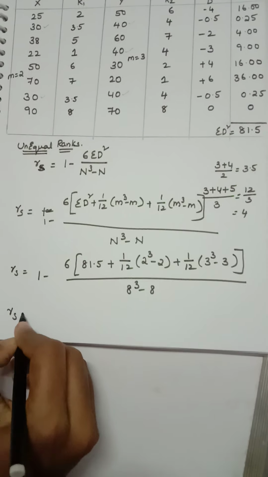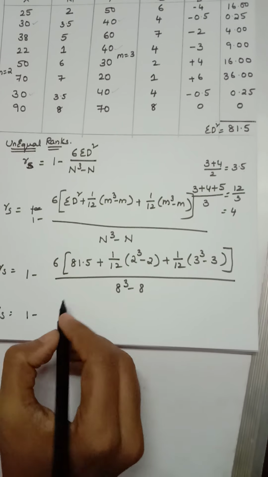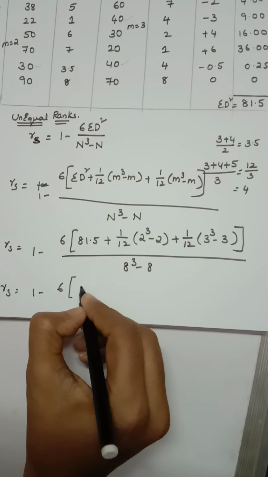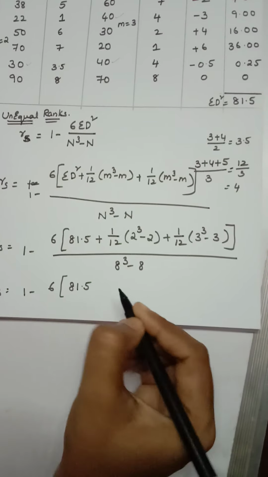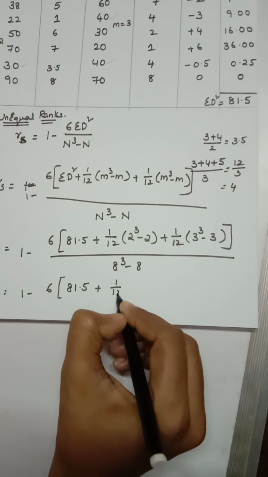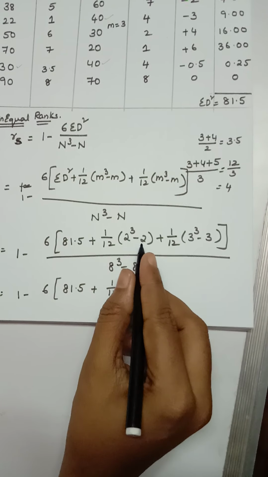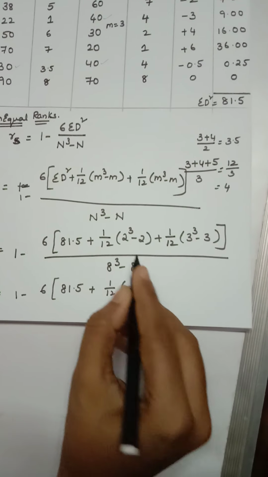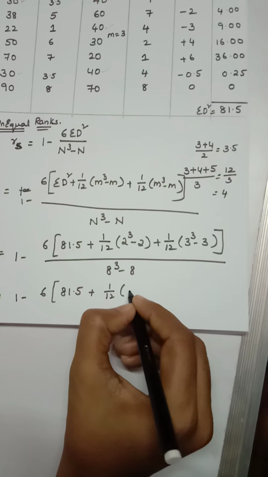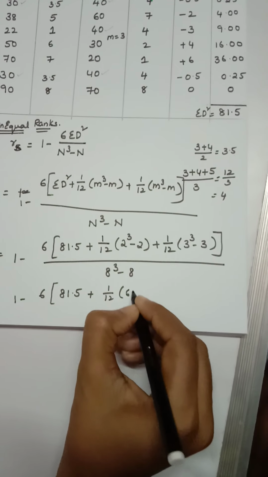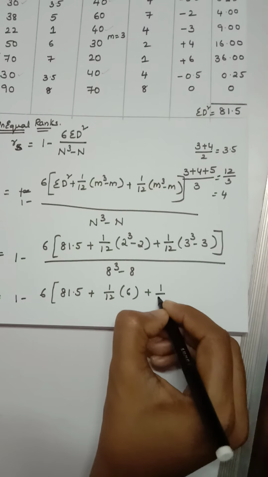Next, RS is equal to 1 minus 6 of 81.5 plus 1 by 12. 2 cube means how much? 2 twos are 4, 4 twos are 8. 8 minus 2 is 6, plus 1 by 12.